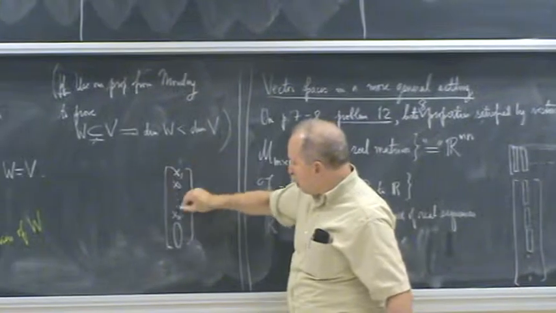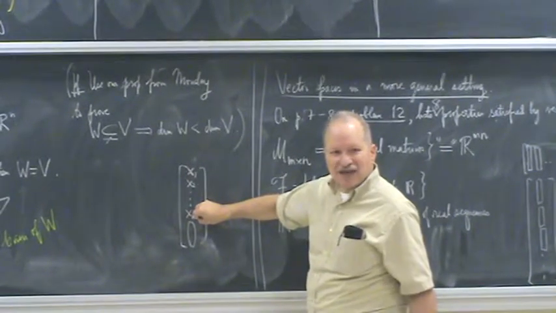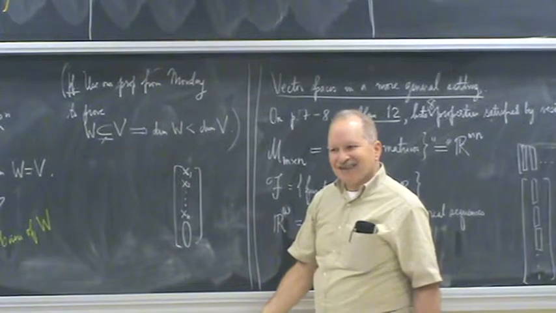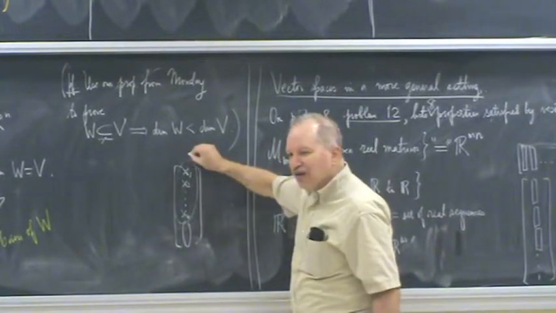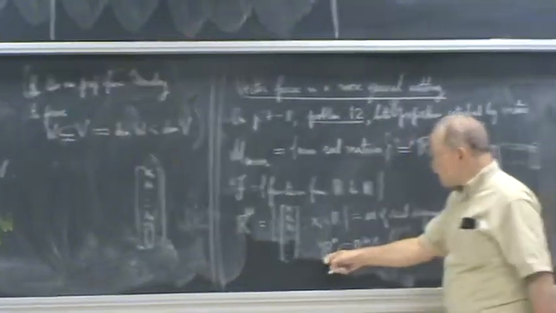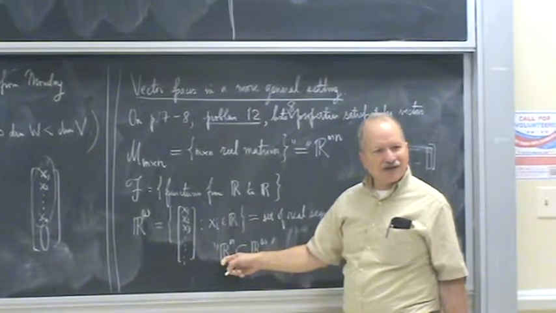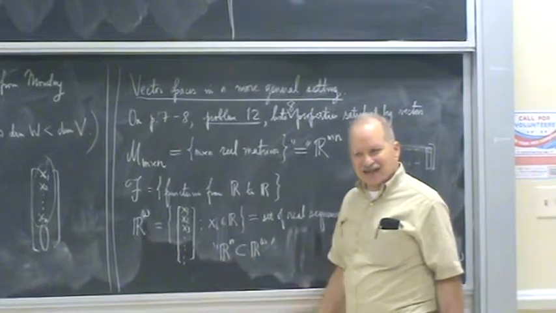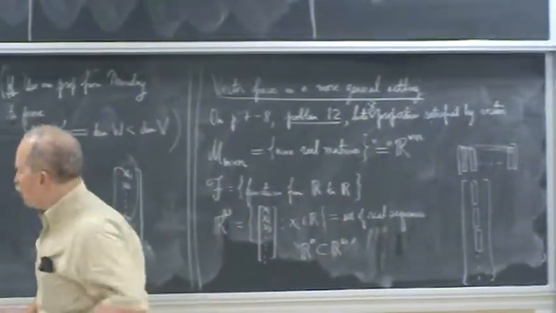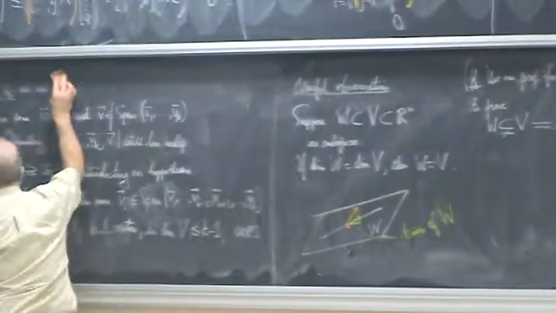So you can take n arbitrary real numbers for the first n things in your sequence and then all zeros. Well, this is a copy of Rn. So if it has an Rn sitting in it for every n, then it doesn't have a finite dimension.